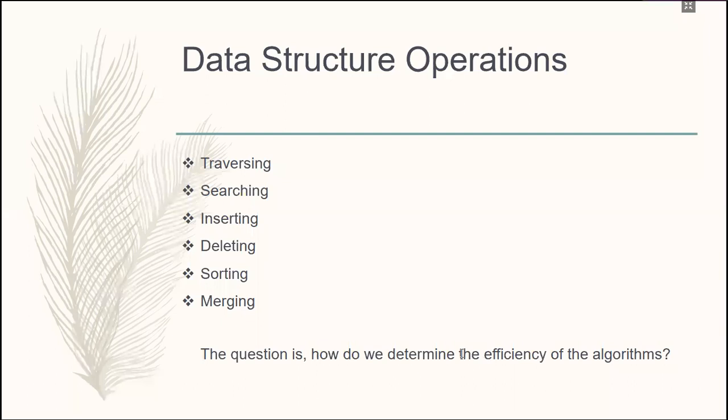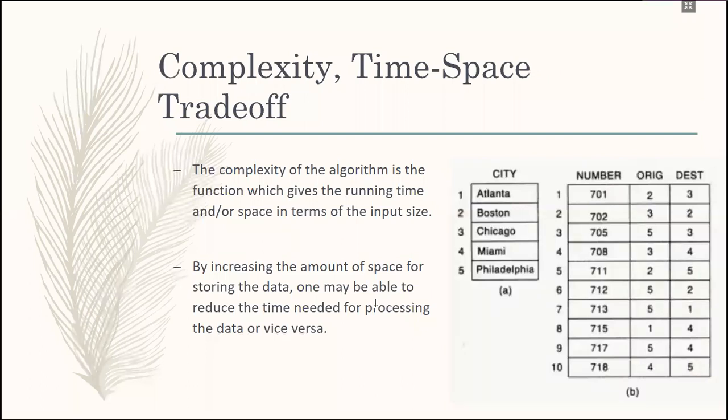From the beginning of the lecture, I'm saying that this is more efficient, this is more efficient. So how can we understand the efficiency of an algorithm? To understand the efficiency, we use a term called complexity analysis. There are two ways we can compute the complexity: one is called time complexity, another is called space complexity. The complexity of an algorithm is the function which gives the running time or the space in terms of input size.